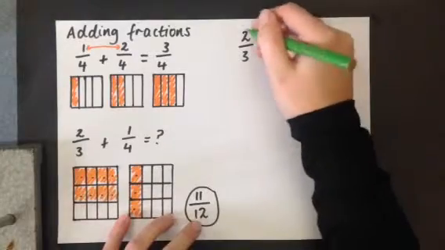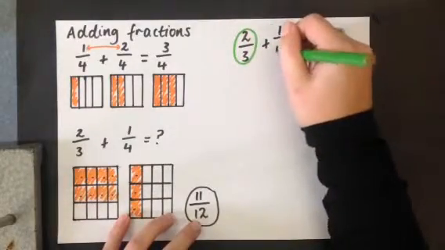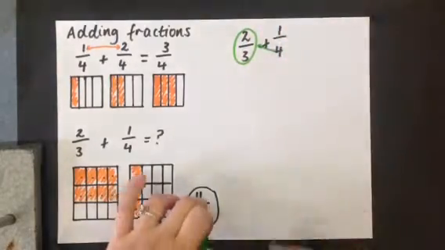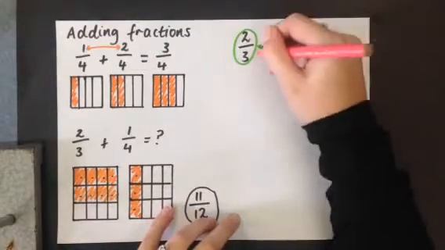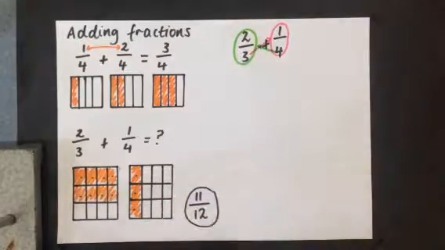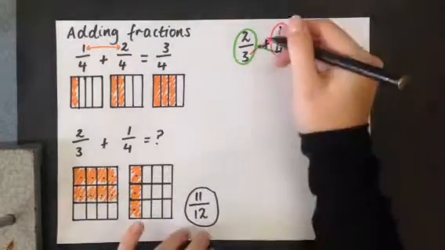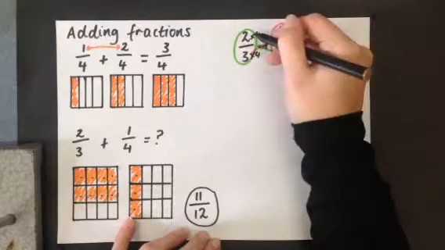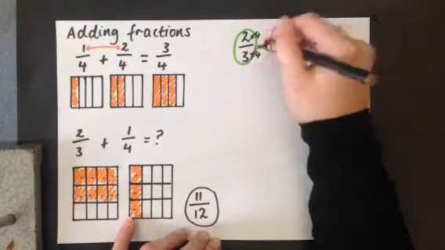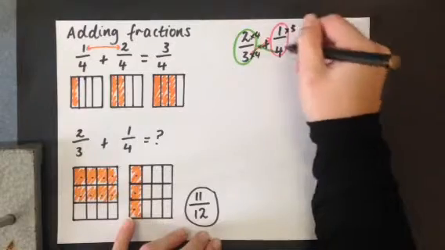So I'm going to times this fraction here by this denominator, and this fraction here by this denominator. We'll see how that works. Whatever I do to the top, I have to do to the bottom. So I'm timesing them both by 4 and both of these by 3.